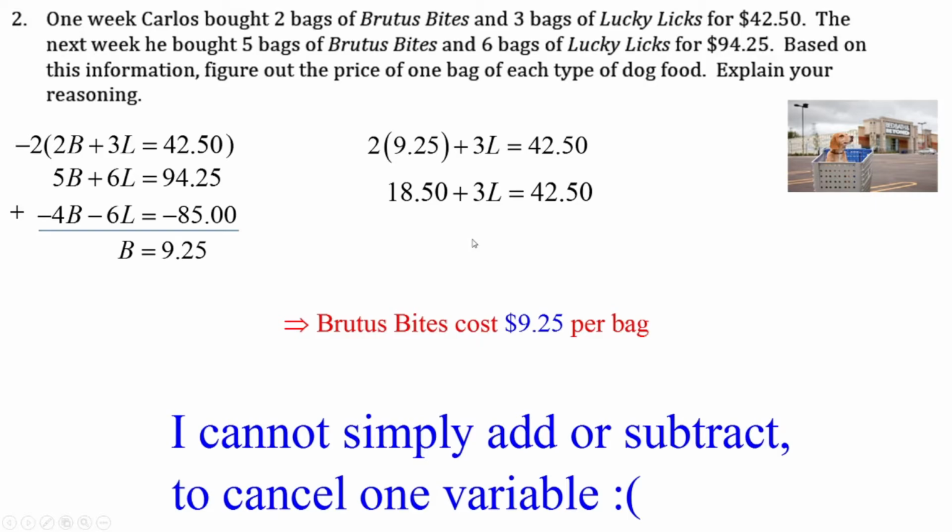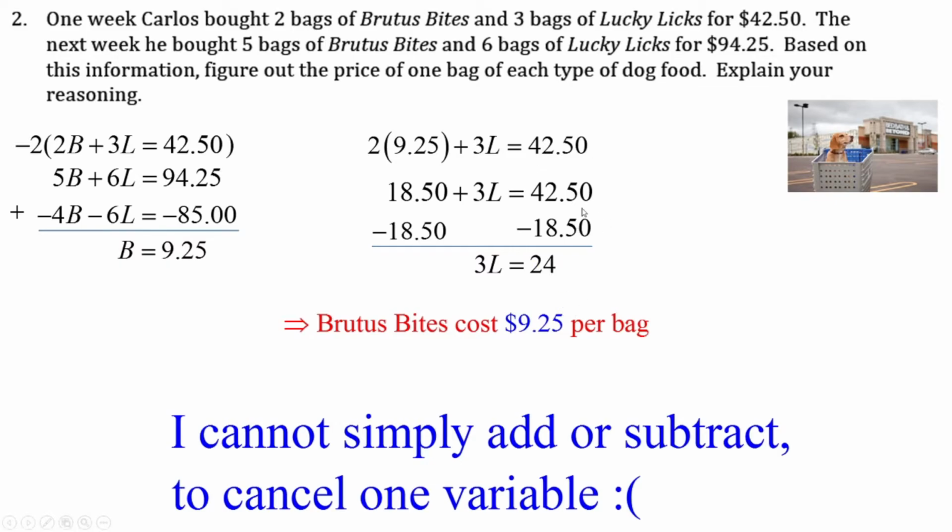All right. Now let's solve this two-step equation for the L. So let's subtract 18.50 from both sides. And that's going to give me the 3 L's equals 42.50 minus 18.50. All right. Well, I'm a little tired, so I'm just going to punch that one out. 42.5 minus 18.5, and I'm getting $24.